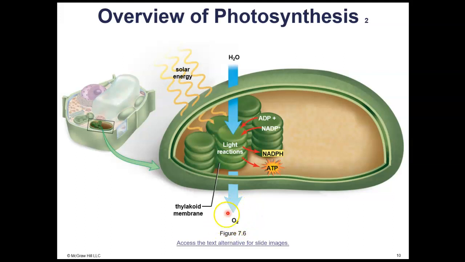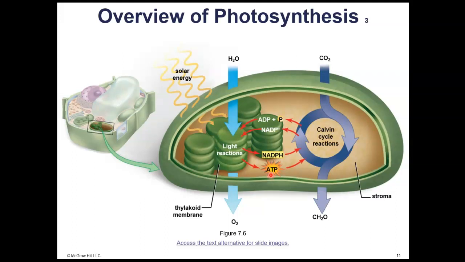So this is where the oxygen comes from in photosynthesis, from the splitting of water during the light reactions. Now, the products of the light reactions are two molecules, NADPH and ATP. They are both used to fuel or power the Calvin cycle reactions.